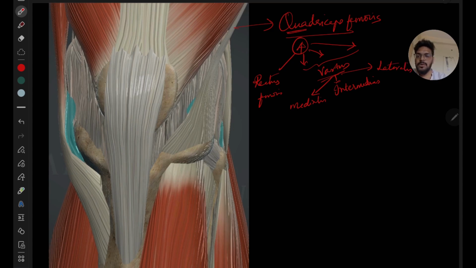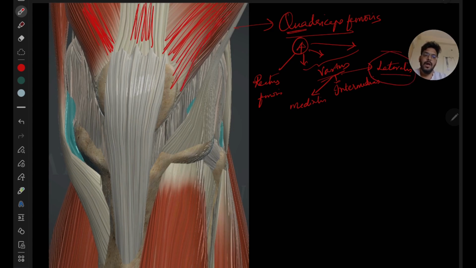Okay. So this is the rectus femoris muscle, this is the vastus lateralis, this is the vastus medialis, and this is the vastus intermedius. The largest muscle in the quadriceps is the vastus lateralis, and the smallest bulk is with the medialis.